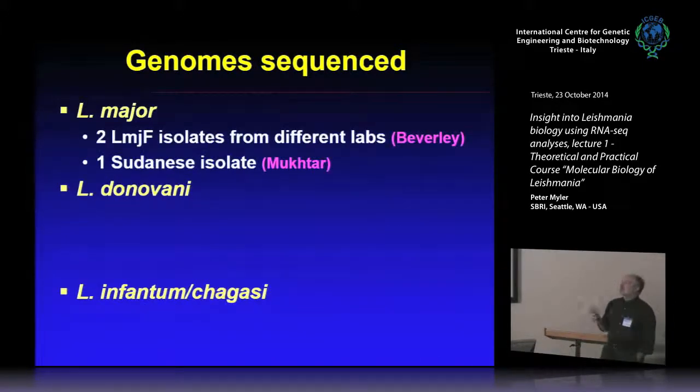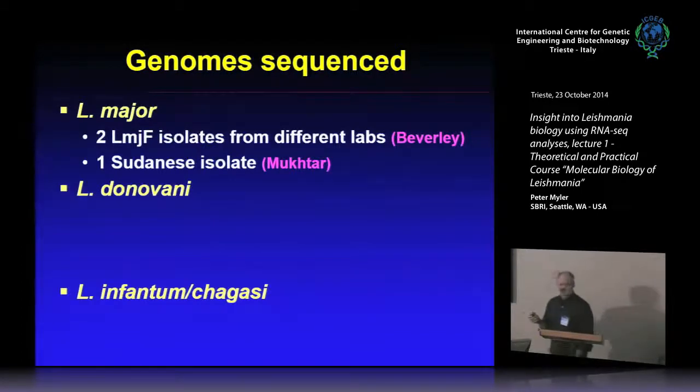So what we've done in our lab over the last few years is sequence several isolates of L. major, actually L. major Friedlin, which was the original sequenced one. We've resequenced that from DNA in my lab and from Steve Beverley's lab, and found that they've diverged somewhat over the years.